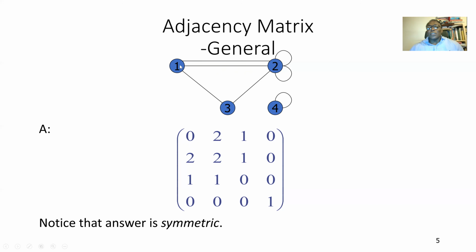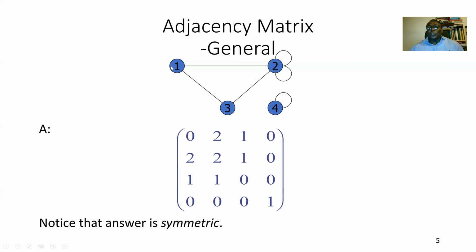So now I'm starting all over again. First, I will count how many vertices I have in the graph. I have 1, 2, 3, 4. That means my matrix size will be 4 by 4. Every vertex, when I'm standing at any vertex, I will assume that's the row number.